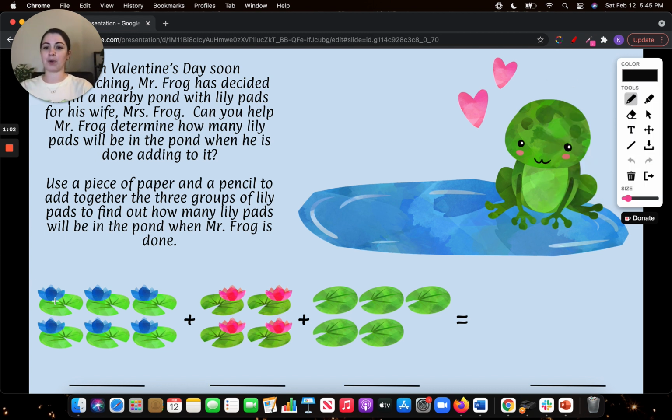Okay, so right here we have 1, 2, 3, 4, 5, 6 lily pads. So we're going to go ahead and write 6 down here on this line.